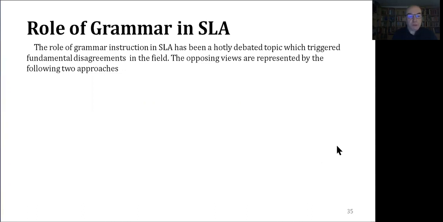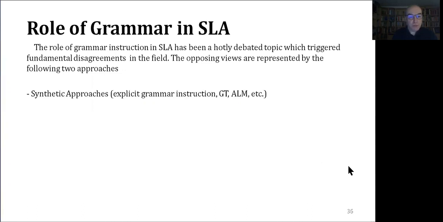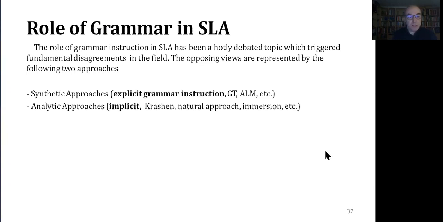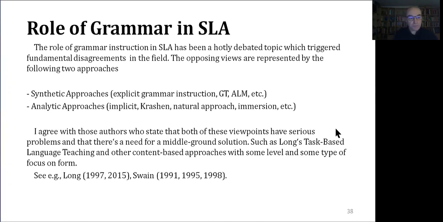The opposing views are represented by the following 2 approaches: the synthetic approaches, with primarily explicit grammar instruction, for example, grammar translation, the audiolingual method, and other methodological approaches. And on the other hand, the analytical approaches with implicit instruction, represented primarily by Krashen and his natural approach, by immersion schools and so forth.